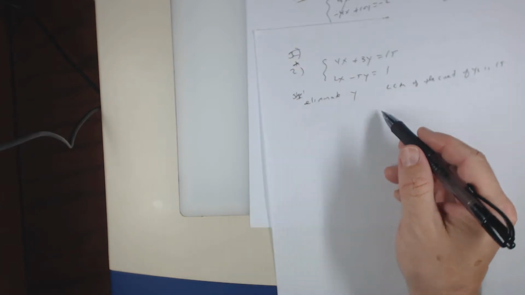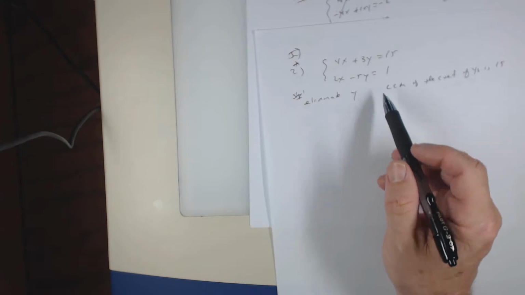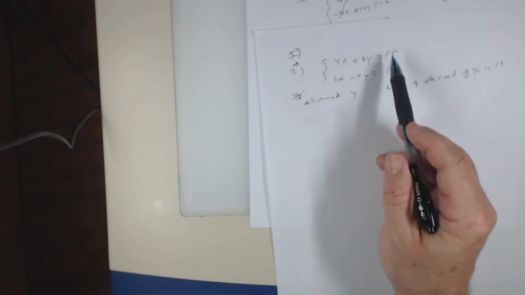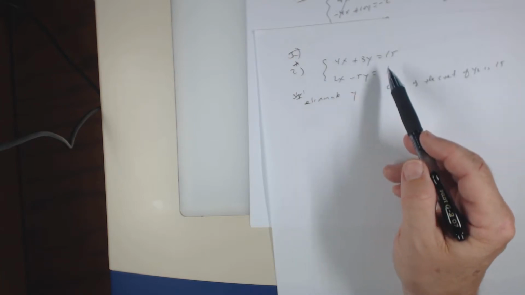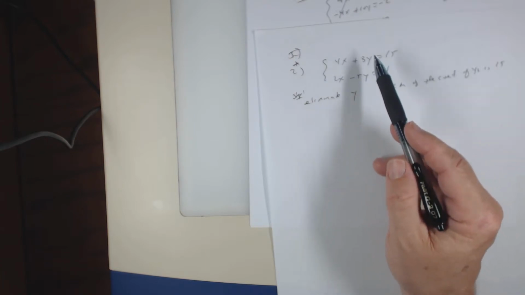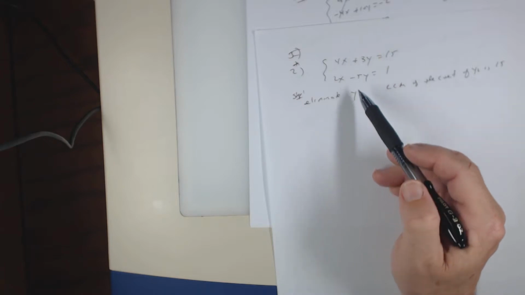So the next part here is you're going to have to multiply. You have to multiply this equation and that equation by a number that will make these coefficients opposites.